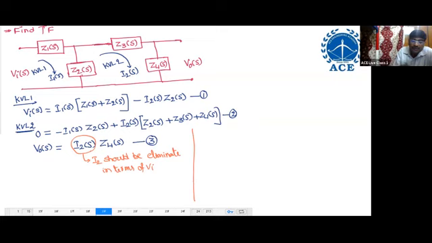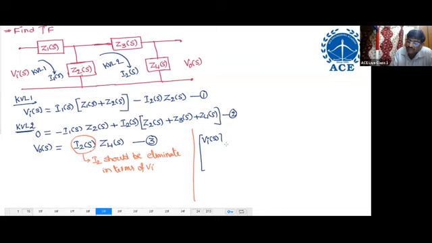You put these equations in matrix form. How can you eliminate? We have to get I2 first, then you substitute here, then you will get the answer. How to get I2? Equations 1 and 2, put in a matrix form. Adjust into matrix form. Vi of S.